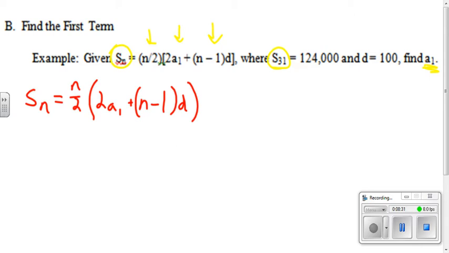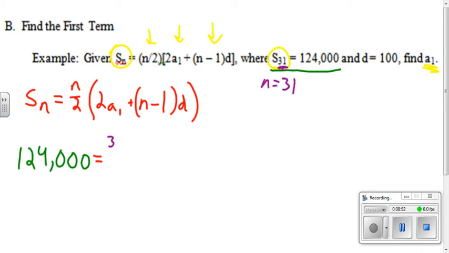We also know that s sub 31 equals 124,000, which if this is s sub 31, that means our n equals 31. That's helpful as well. 31 over 2 times 2 times a sub 1.